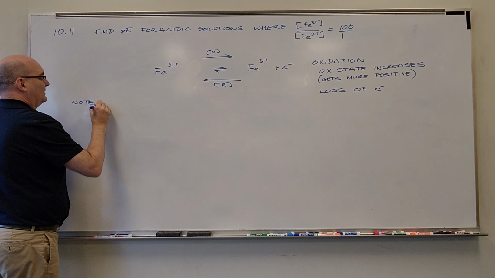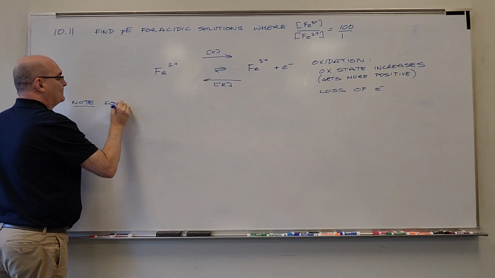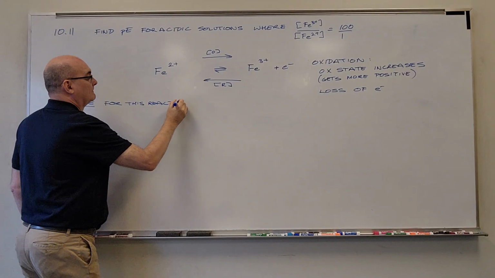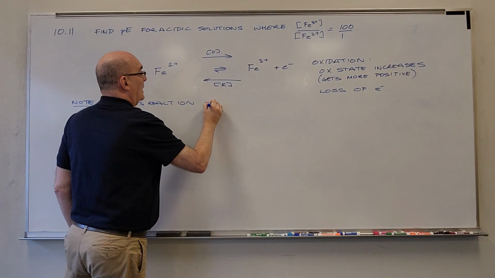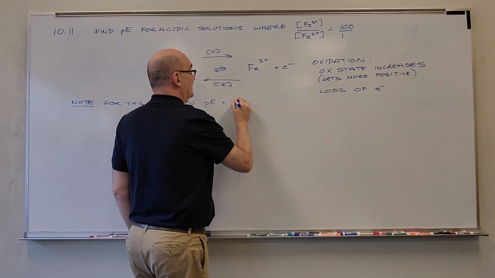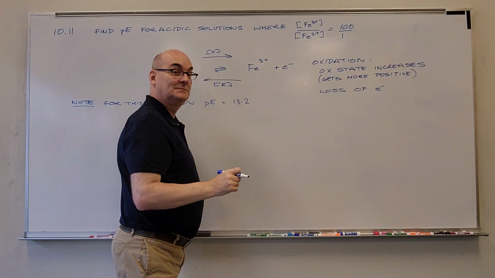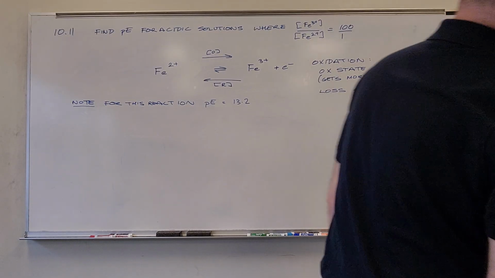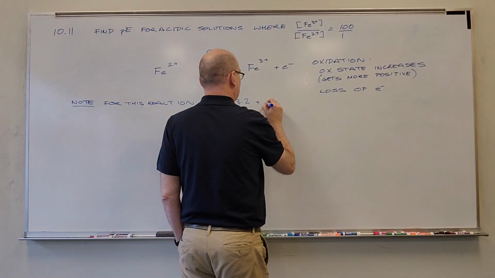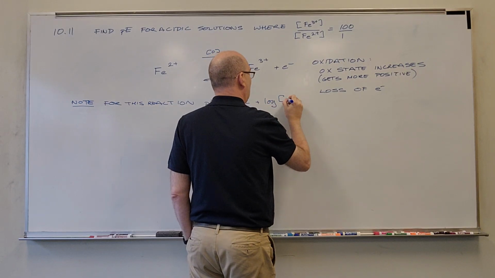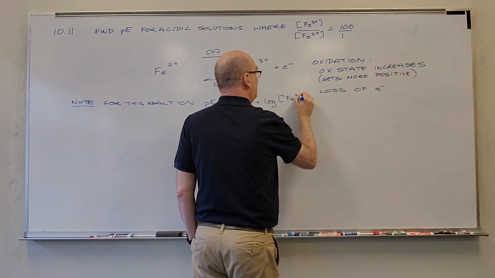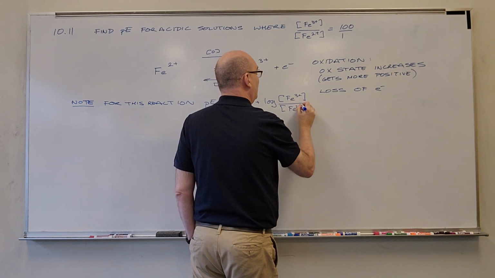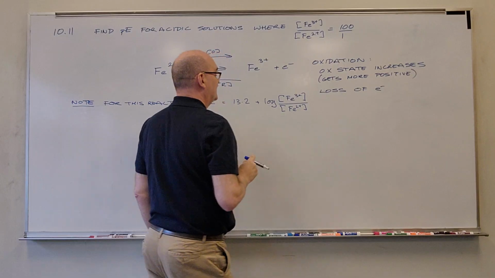And it says, for this reaction, PE equals 13.2 plus the log of the oxidized species divided by the reduced species.